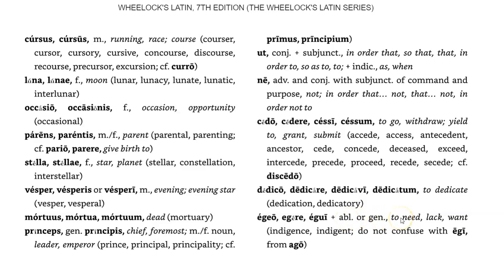To translate it, we need either need, lack, or want, and once again you have to decide which one makes the most sense based on the context. So there's two things we have to keep in mind. One, how to translate it, and two, that it's going to require the ablative or even the genitive, which I believe in this case is the ablative, but it just depends.